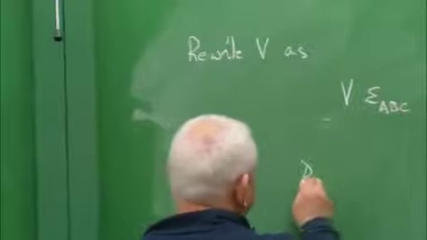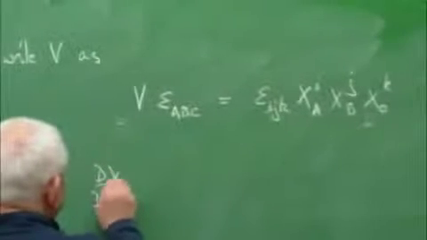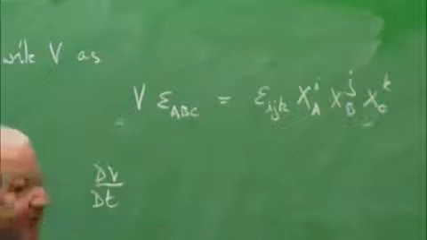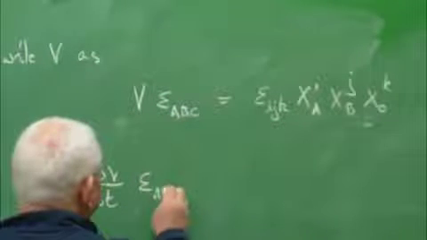All right, and so d by dt of V, the epsilons, well, these are just constant values, aren't they? They will be either plus ones or minus ones, depending on what indices you have on the epsilon. And so they act like constants in the differentiation.